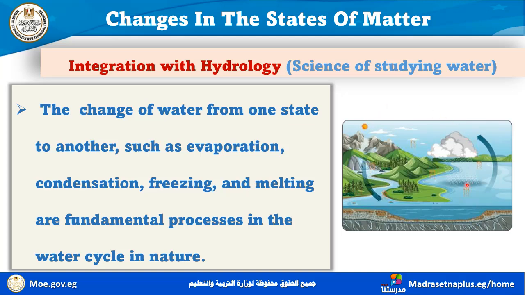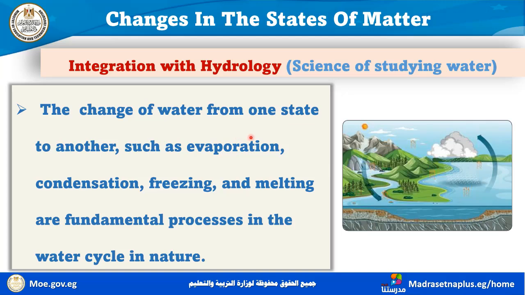So this is the water cycle that occurs each day by evaporation, condensation, then falling of rain and returning water once again to rivers, seas and oceans.